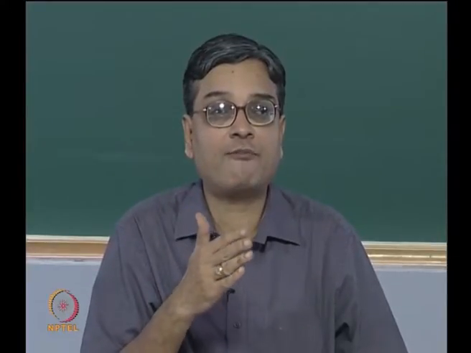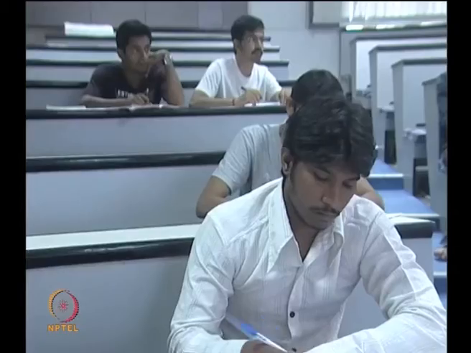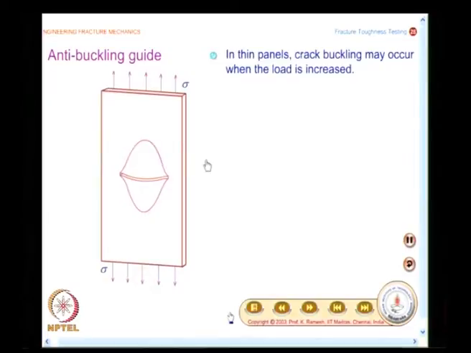You may ask the question whether this buckling is desirable or not. When you do the testing, should I have buckling take place, or should I find out the values preventing buckling or having the buckling allowed. So, this is a debatable point. We will see how people have done it. You have to keep in mind that in thin panels, crack buckling may occur when the load is increased.